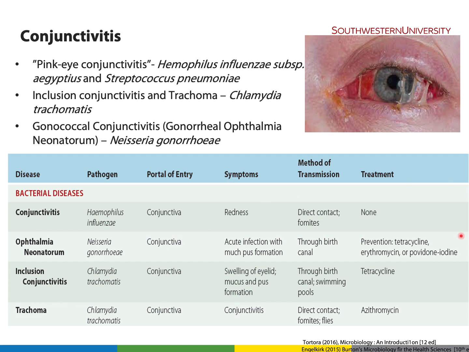So what is conjunctivitis? Conjunctivitis is the most common ocular inflammation and may be a primary local infection or part of a systemic infection. Conjunctivitis is the inflammation of the conjunctiva. Okay, and the most common causative agent for this one is Haemophilus influenzae subspecies Aegyptius.